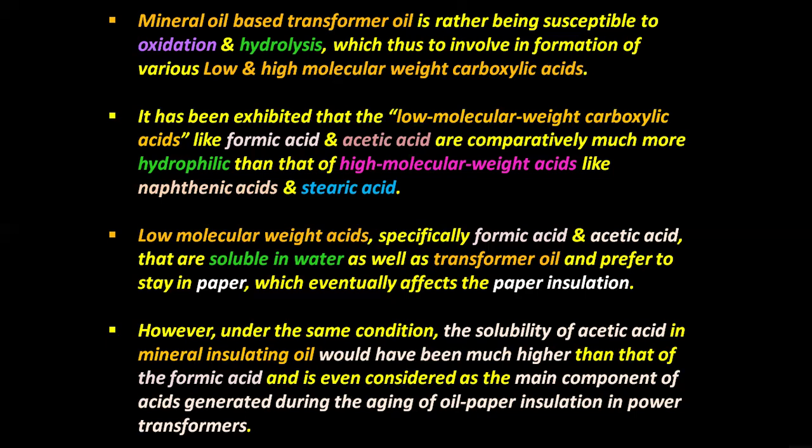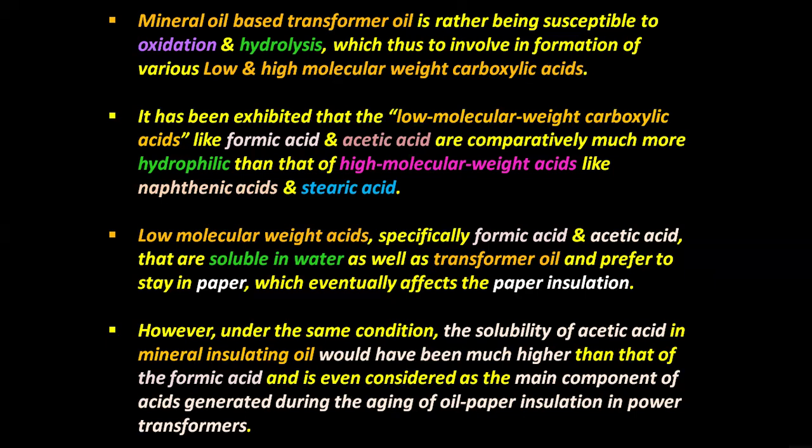Low molecular weight acids, specifically formic acid and acetic acid, are soluble in water as well as transformer oil and prefer to stay in paper, which eventually affects the paper insulation.